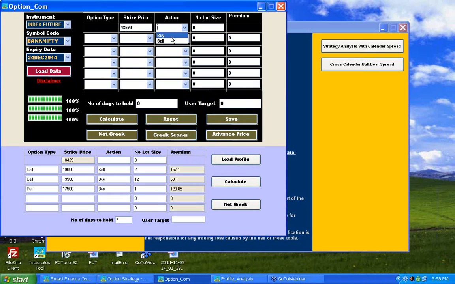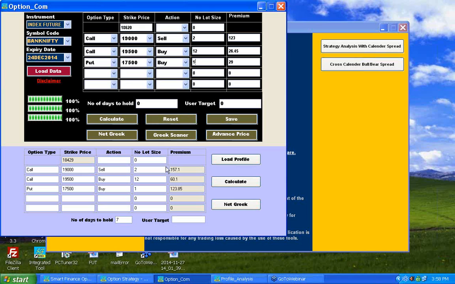What I did here: I sold 19,000 call option, 2 lots, and I bought 19,500 call option, 12 lots, along with 17,500 put option, which I bought one lot of. So this I initiated 7 days back, 5 days back.